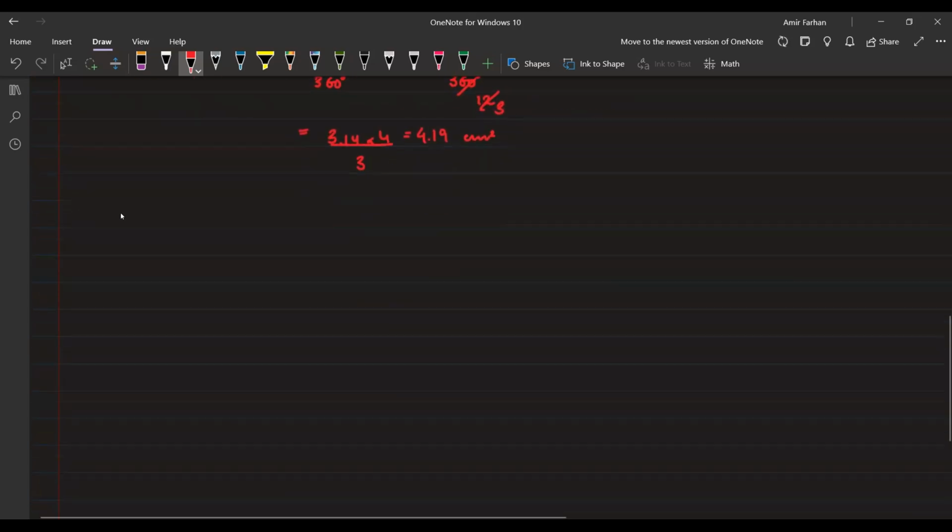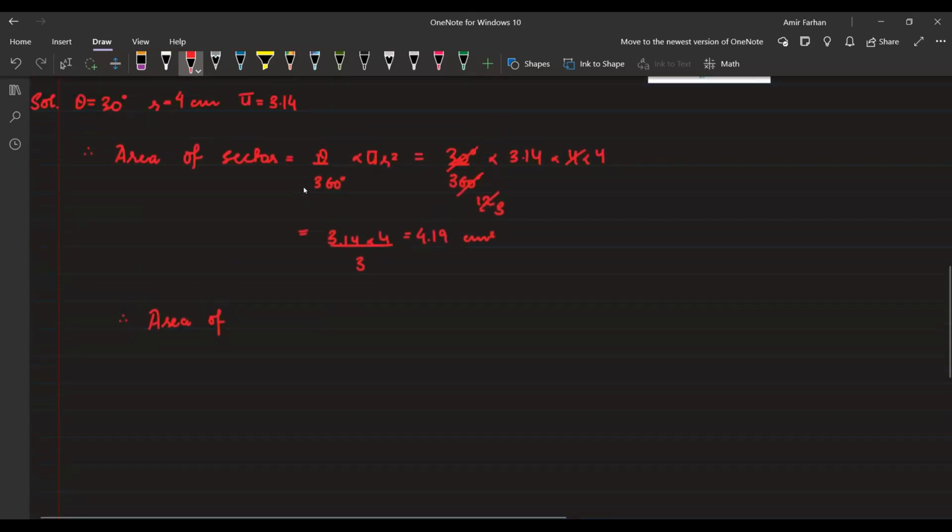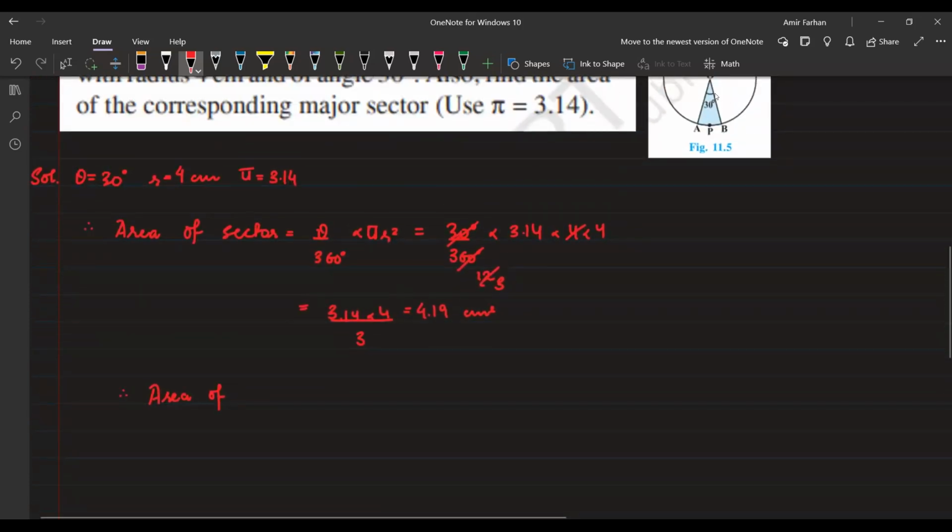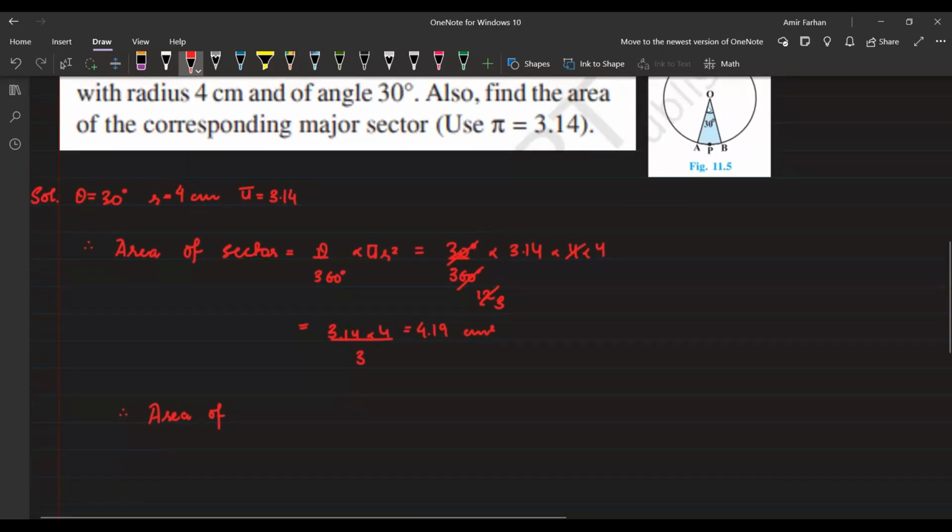So how to calculate the area of major sector? Either you can take the theta as 330, because 30 degrees is here, so the remaining would be 330, Gianna, right?